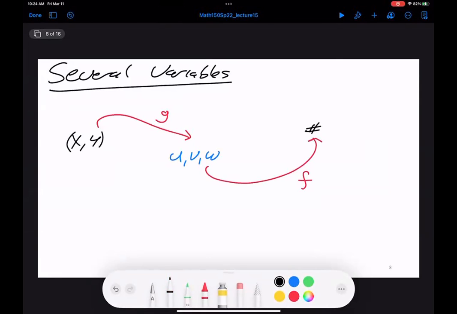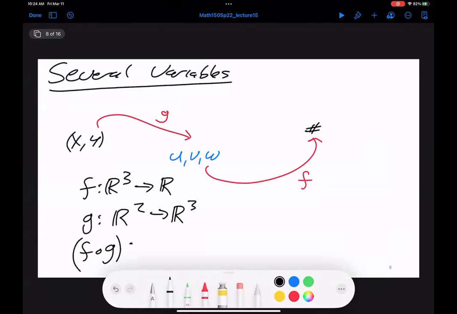So what we have is f takes 3 inputs and gives us back one output. g takes 2 inputs and gives us back 3 outputs. So f composed with g takes 2 inputs and gives us back 1 output.